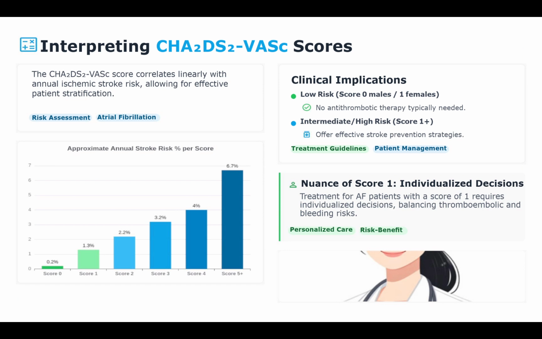It necessitates a careful weighing of the potential benefits of stroke prevention against the risk of bleeding. However, for scores of 2 or higher, the risk of stroke becomes significant enough that oral anticoagulation is strongly recommended. This intervention aims to prevent potential harm from a stroke, as the benefits generally outweigh the risk in this group. Understanding this critical nuance in risk stratification is key to effective patient management and personalized care.